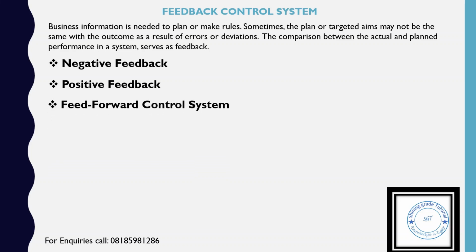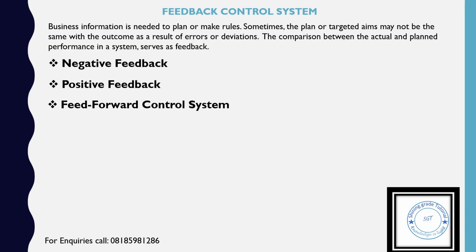We have the feed forward control system. In the case of the feed forward control system, management can act proactively on the feed forward principles. The principle is based on the fact that the errors or deviations generated from the system are compared over time, and that can serve as a monitoring process for the system.